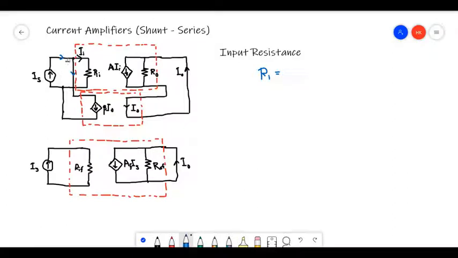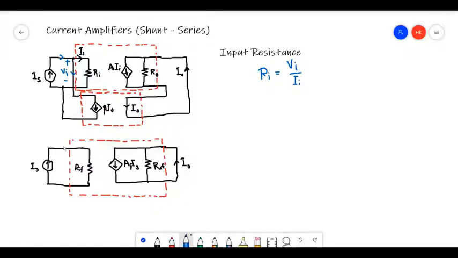This voltage here, let me take it as Vi. So Ri is Vi divided by II, by applying Ohm's law to this resistance. So let's try to find an expression for RIF.